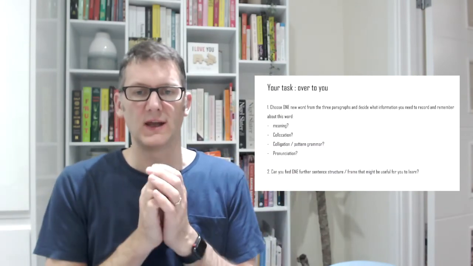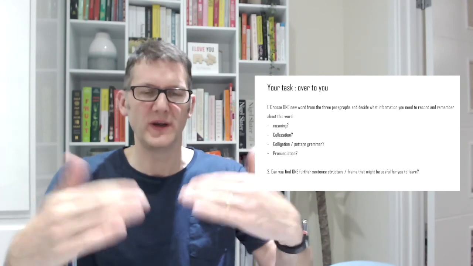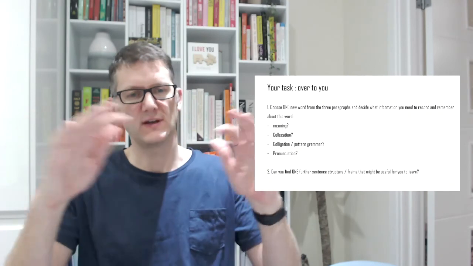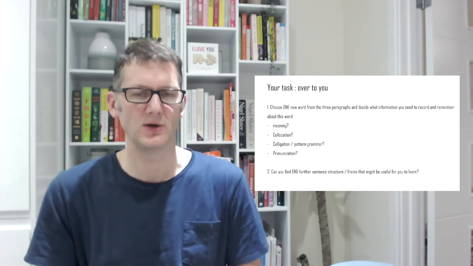Okay, so if you can find a whole sentence structure, you think, that's a really neat way to express that point, I could use a structure like that. Or if you see the way a sentence begins, and think, okay, I could see myself using that in my own writing in the future.